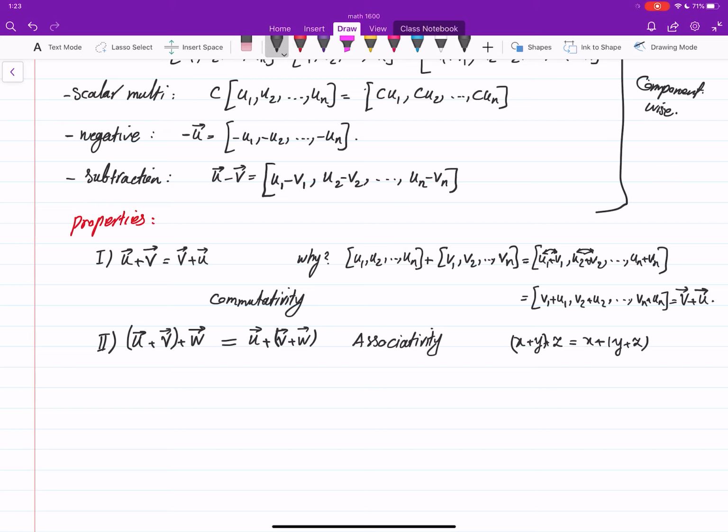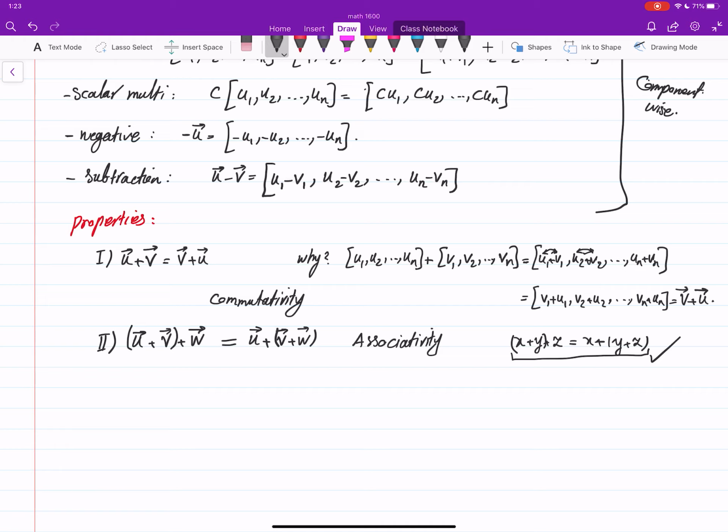You start from the left-hand side and go to the components. In the components you have associativity, so you can use that property on the components, and then get back to the vector version, and you will see that this happens.